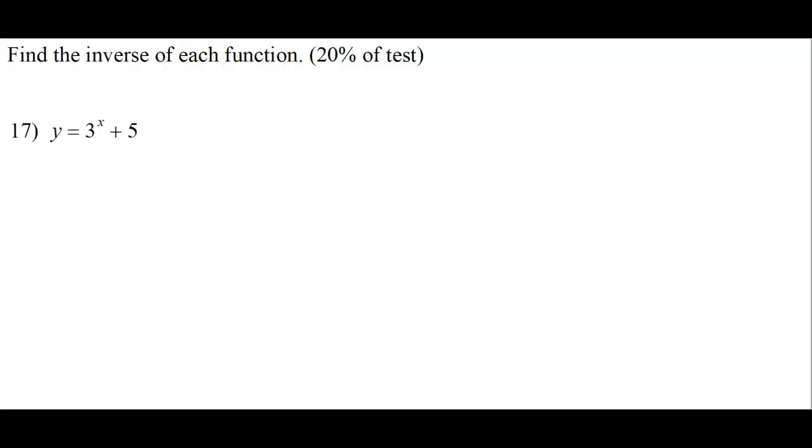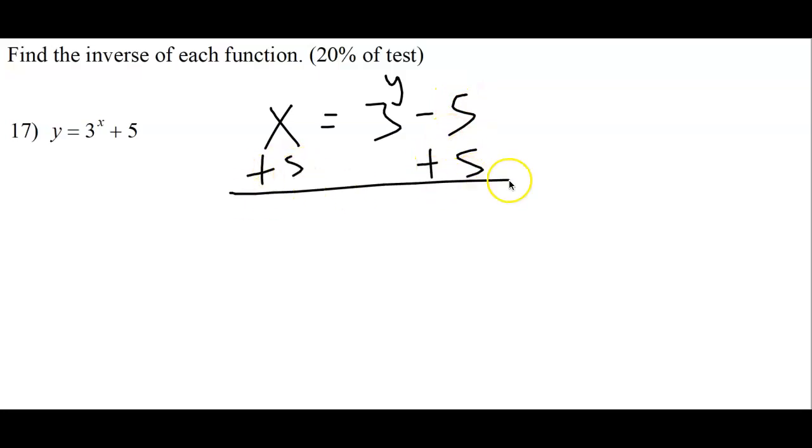Got another inverse problem. So once again, switch the x and y. First thing I want to do to get the y by itself is move that 5 out of the way. Now I want to get rid of the 3. Anytime you want to get rid of a number that's a base of an exponential expression, you're going to log both sides with that number as the base of the log.